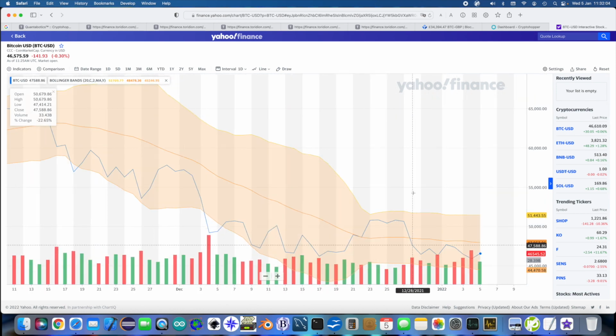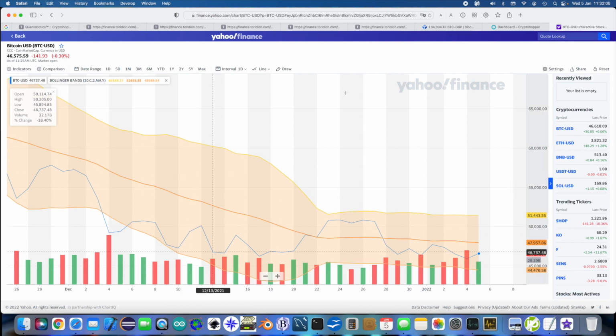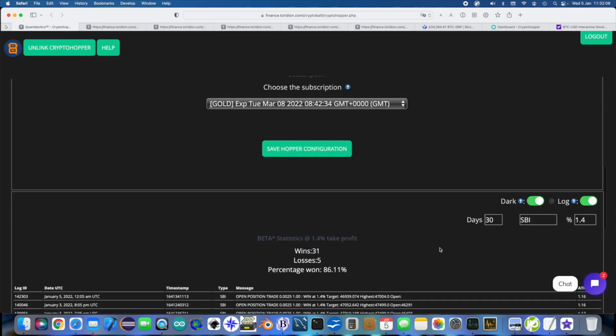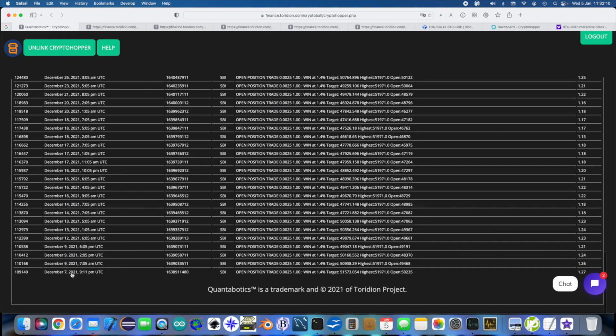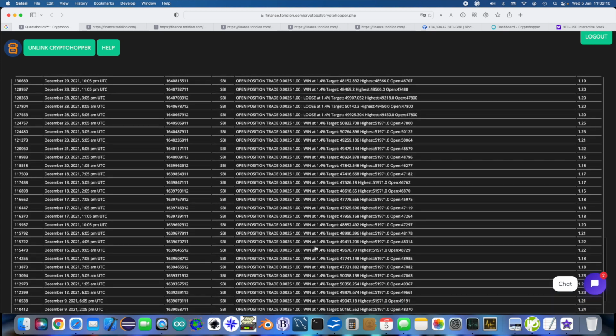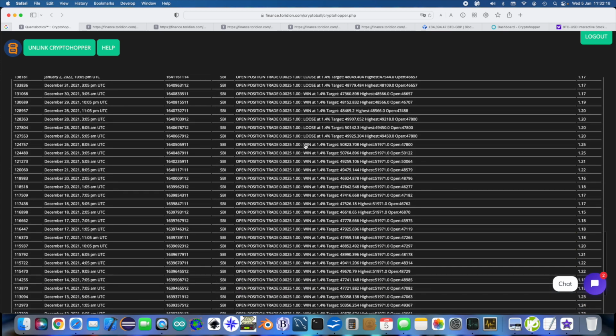So looking at it from December the 7th, I think it was on the logs there. I go back to the 7th of December at 9:11. There hasn't been one smart buy trigger up to the 26th of December that wasn't correct.